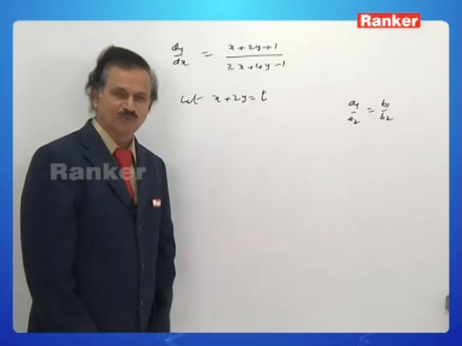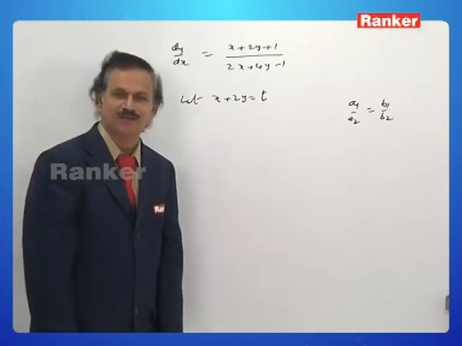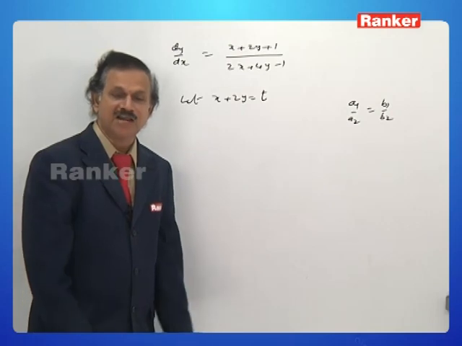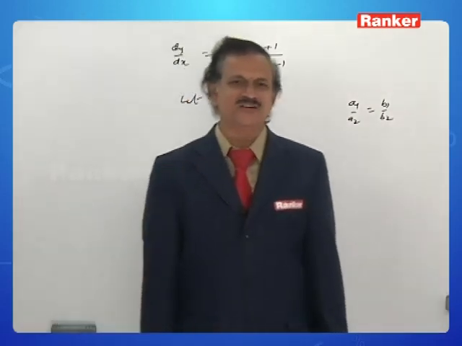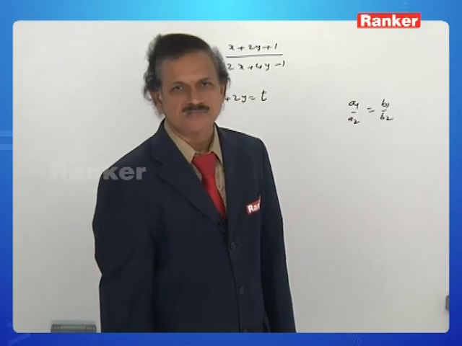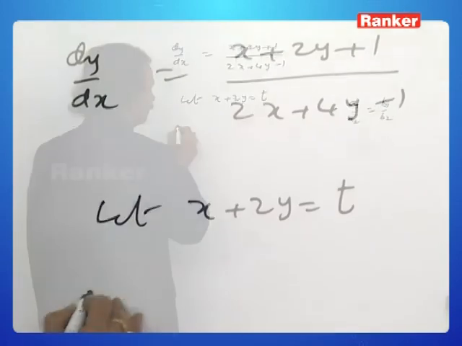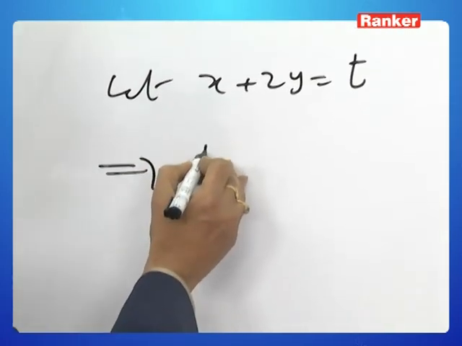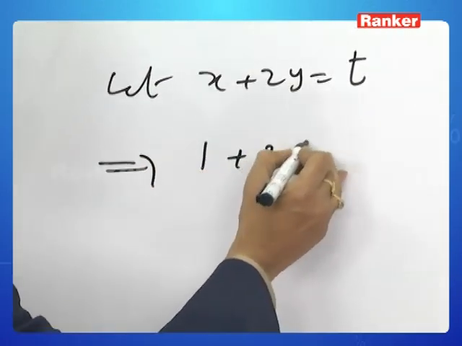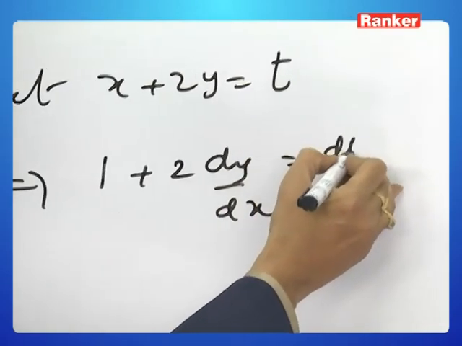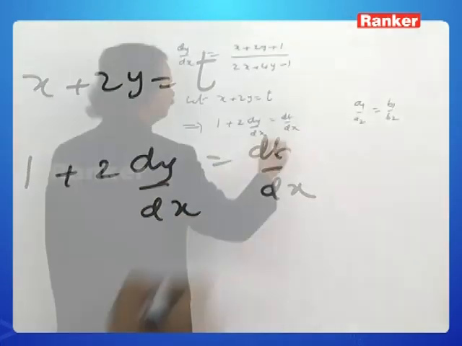That is the loophole present in that model. Yes, of course. That is the thing which helps us a lot to get it converted into variables separable model. Okay. Come on. What is its derivative? 1 plus 2 dy by dx is equal to dt by dx.